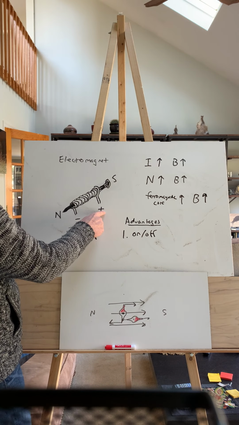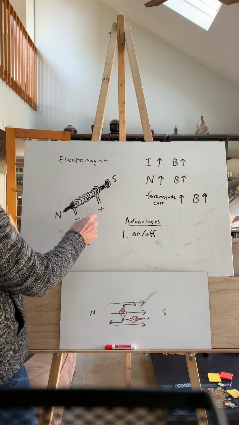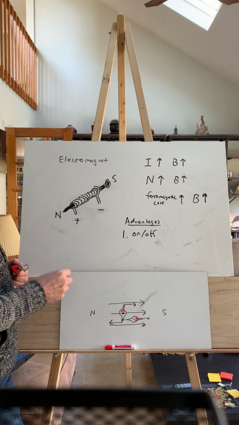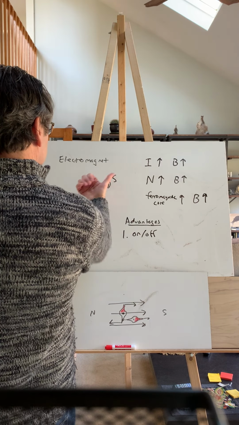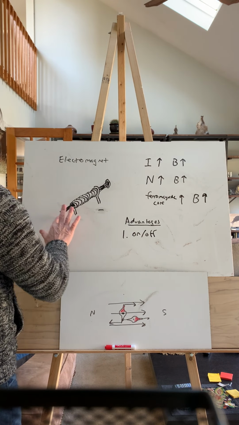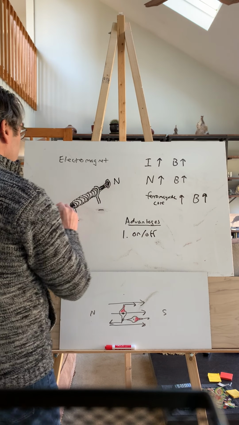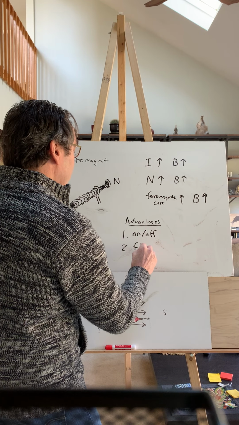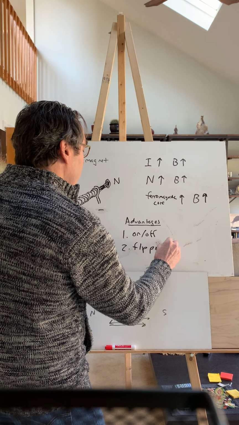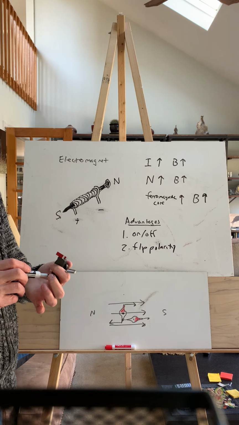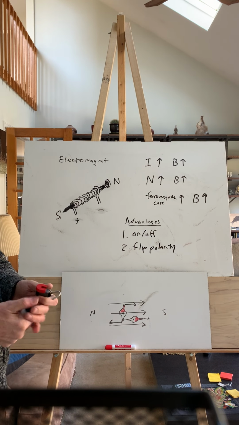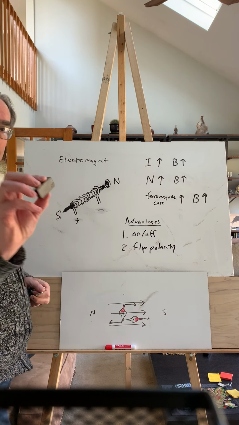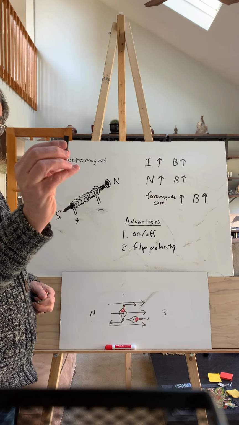Second thing is, what would happen if we took our battery and flipped it around so that this was positive and this was negative? Well, then by the right-hand rule, we find that that becomes the North Pole, and that's the South Pole. In other words, the second advantage is we can flip the polarity almost instantly, whereas if I wanted to flip the polarity of a permanent magnet, I would have to physically turn it and it would take some time.